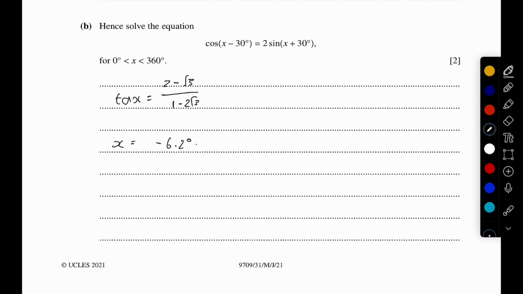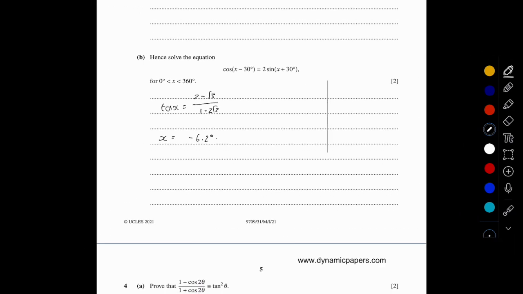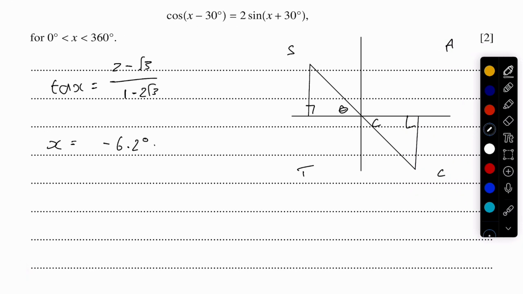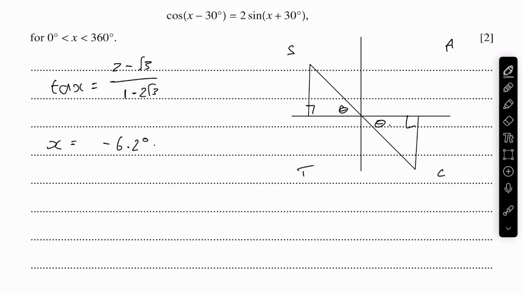Right? And so the way you look at this from a CAST diagram perspective, because they always want to catch you out with negative tan. It's because tan is negative in these quadrants, right? We know that. If we draw our triangles, we've got theta here and theta there. What that means is our angle is 6.2 degrees.